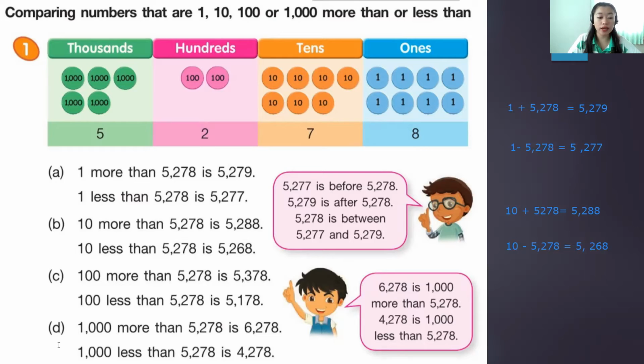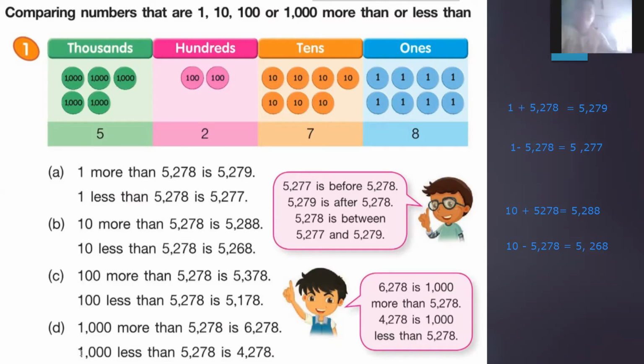Okay, and then for letter D, we have 1,000 more than 5,278 is equal to 6,278. So they have added 1,000 to 5,278. So it is equal to 6,278.